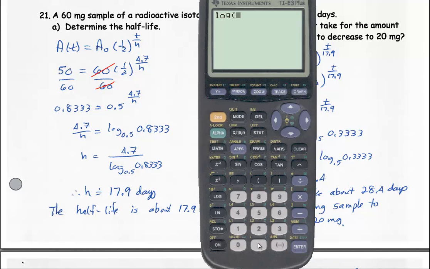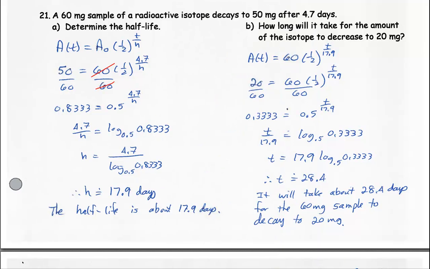The log of 0.8333 divided by the log of 0.5. So that's that logarithm, and now we have to divide 4.7 by that answer. So that's where the 17.9, it rounds to, days comes from. So the half-life would be about 17.9 days.